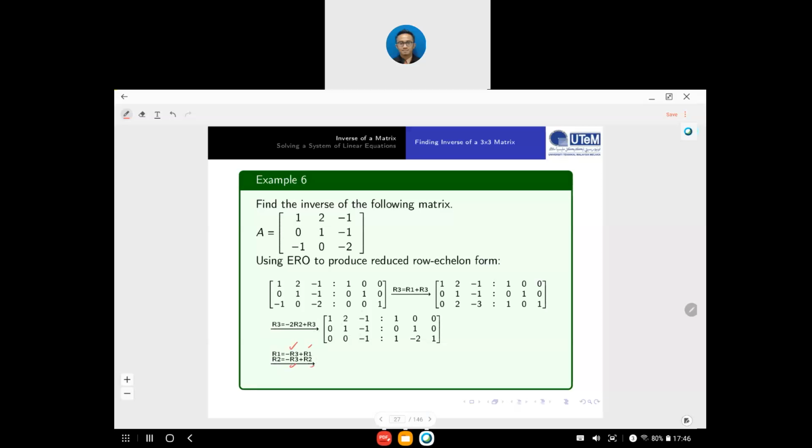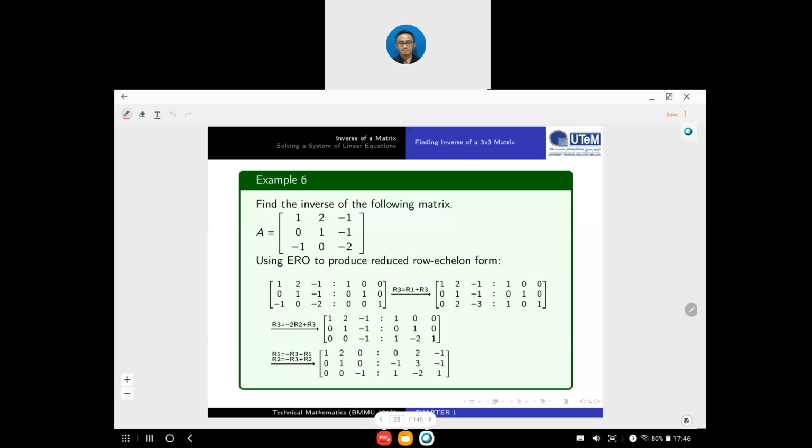So this one becomes, again, first you must write row 3 first because row 3 does not change. And then row 3, 0 plus 1 become 1. 0 plus 2 become 2.